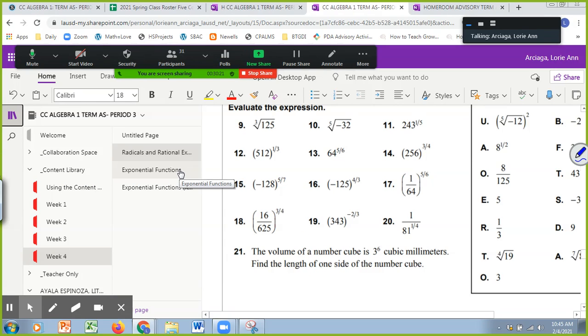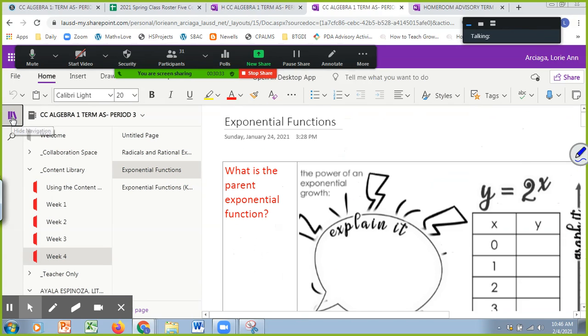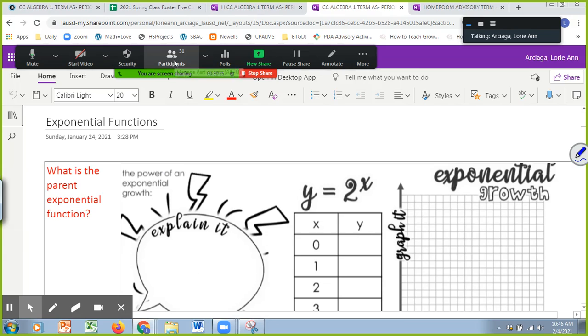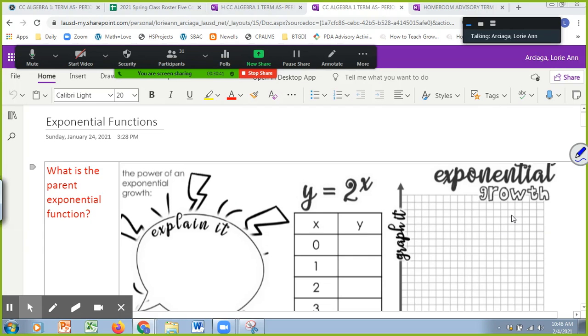If you don't have any questions, go ahead and click on your next page for me in your OneNote. And can you tell me if I pushed this page to you already? Okay, you should see something like this. Let me know if you do. If you don't, let me know so I can push the page to you.